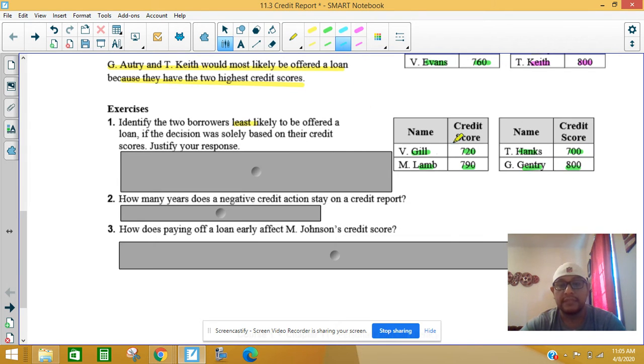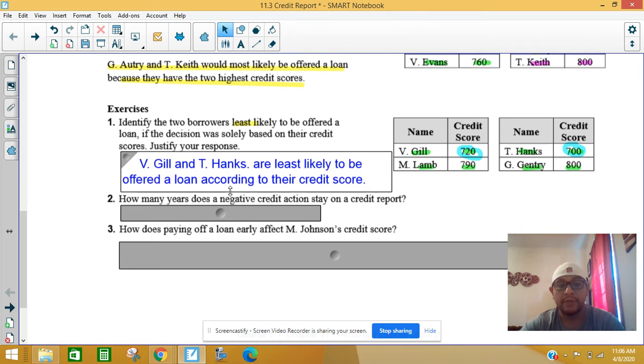Out of these four, who is least likely to be offered a loan? We need to look at the lowest score. So 700 is the lowest, and Gil has a 720. Those are the two lowest.